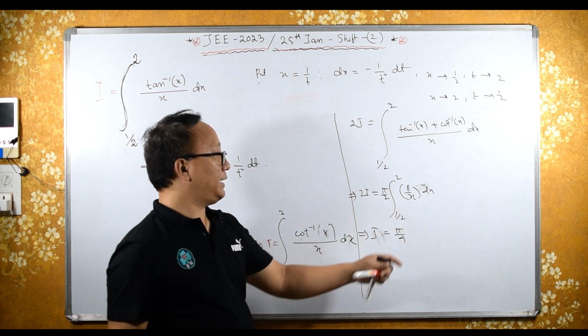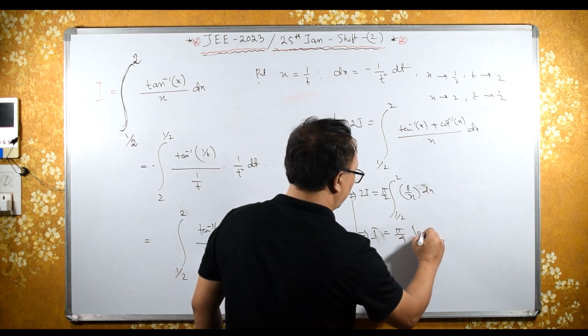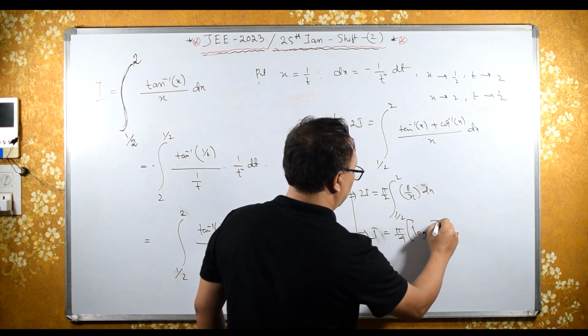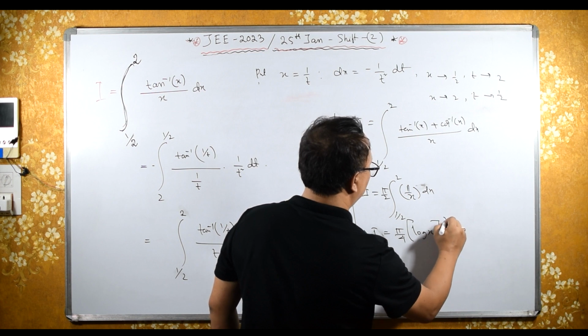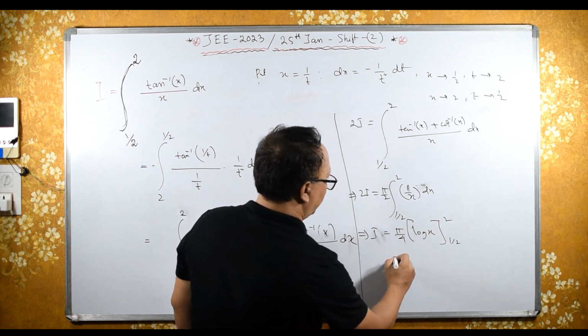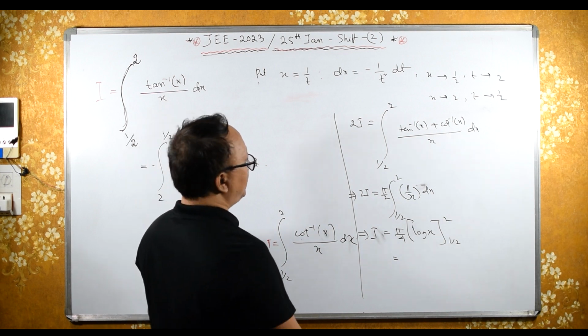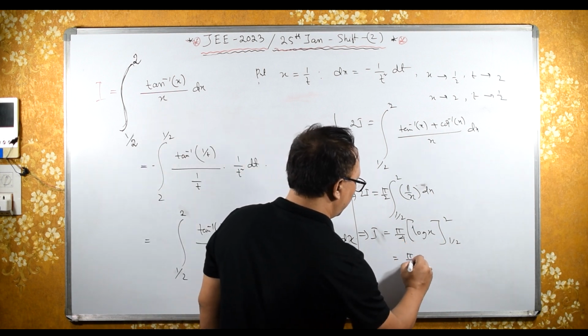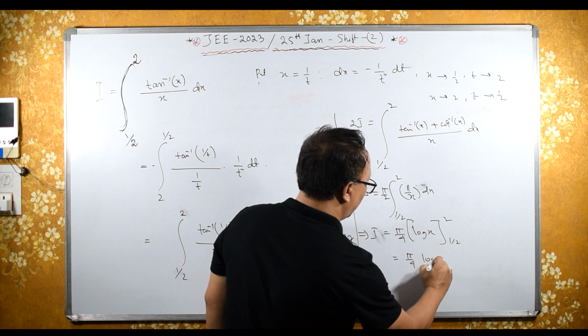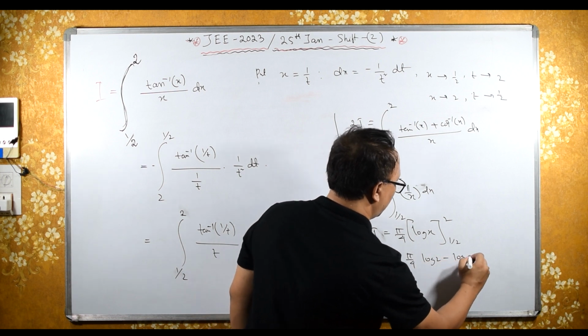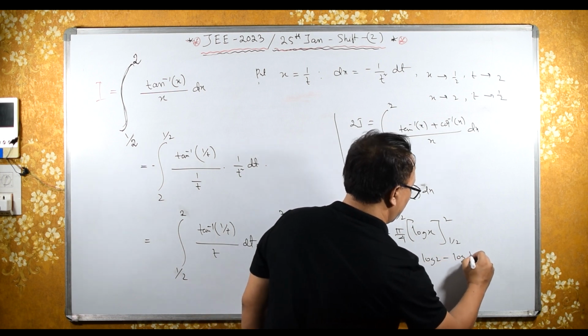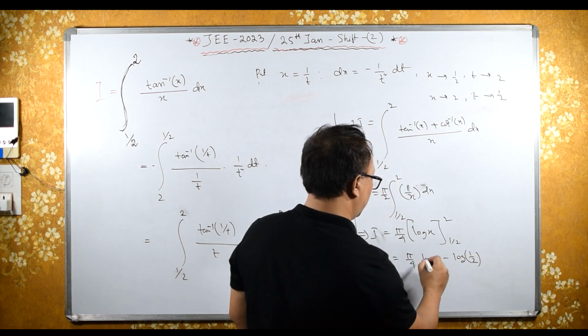Now integration of 1 by x is log of x, limit from half to 2. Therefore what we have is pi by 4, upper limit log of 2 minus log of 1 by 2.